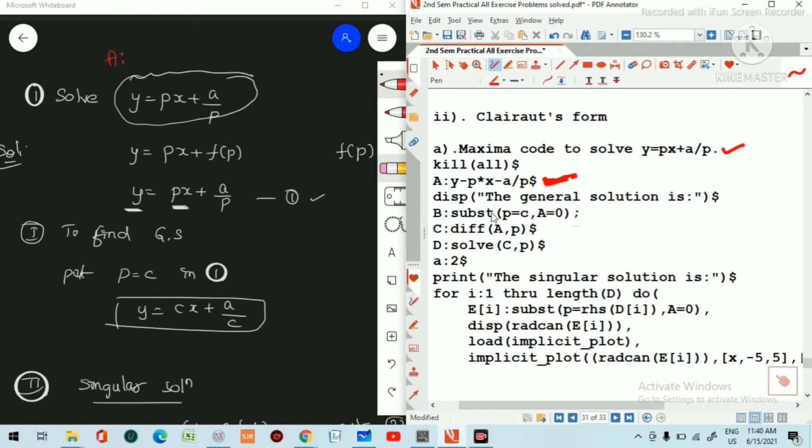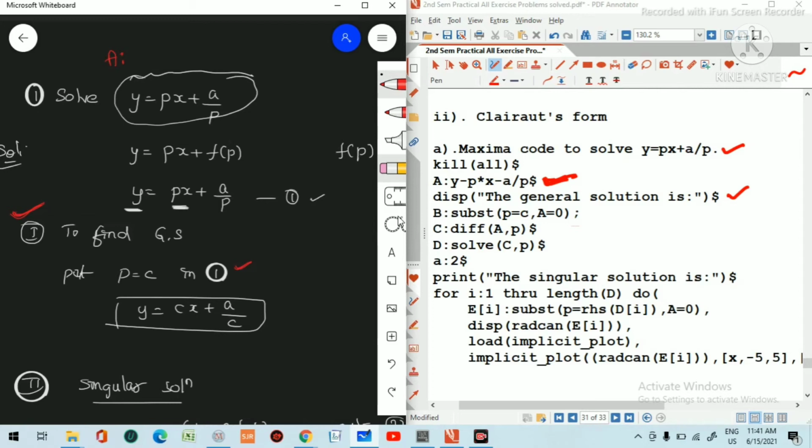Then come to the next line. We have to display that this is a general solution, after substituting the value of p is equal to c. Just look here on the left hand side. What do we do? To find the general solution, we will put p is equal to c in 1. Correct?